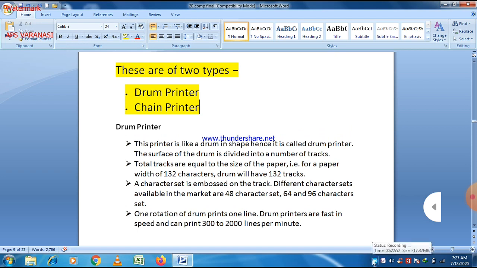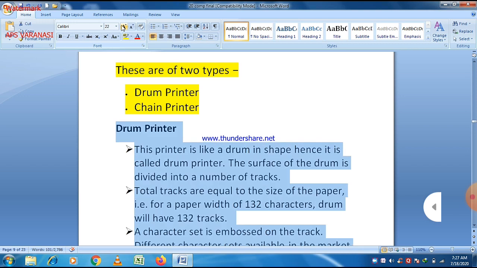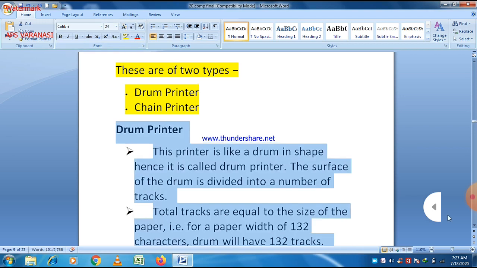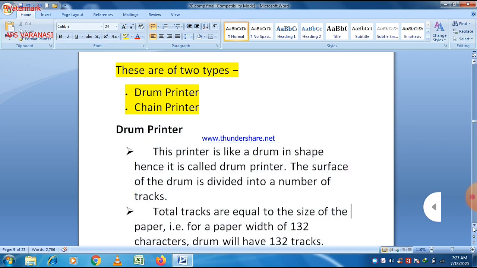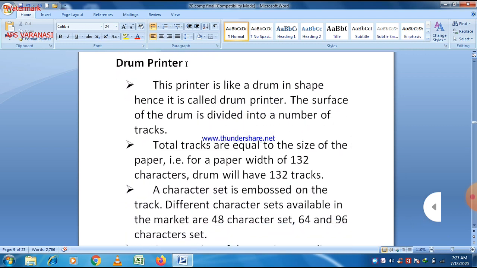The drum printer is called the drum printer because this printer is like a drum in shape, and the surface of the drum is divided into a number of tracks. First point, the surface of the drum is divided into a number of tracks.